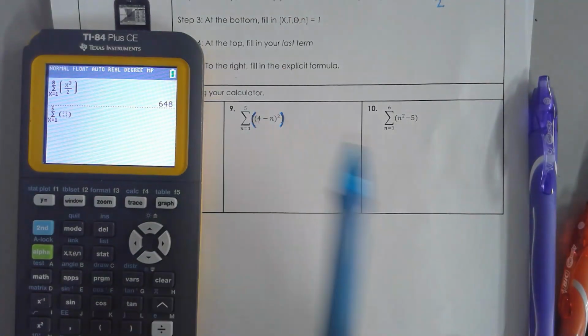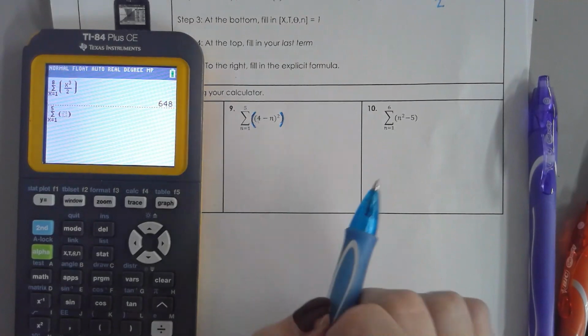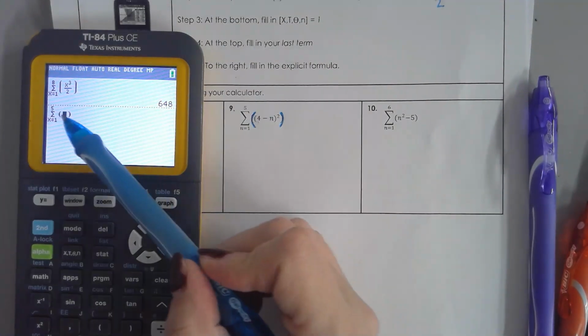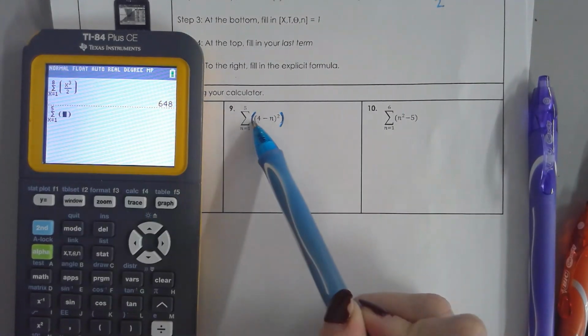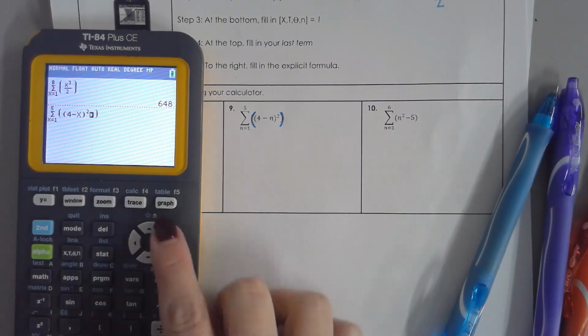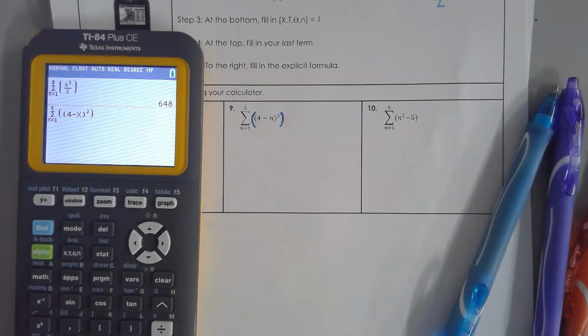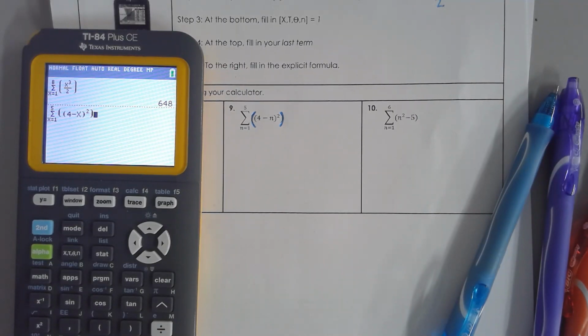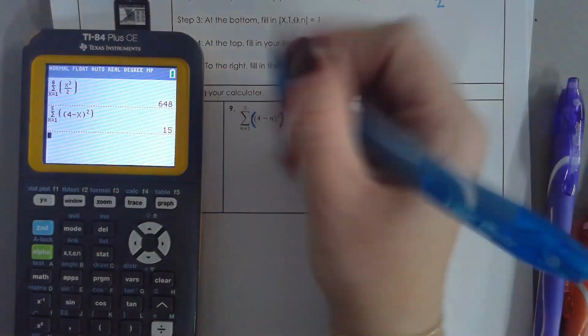I've made those a little bigger with my pen. Those are going to be like the parentheses that already show up. But then I've got to make some extra. 4 minus x, in extra parentheses, squared. So I never did type anything outside of the parentheses that my calculator started with. And you should get 15.